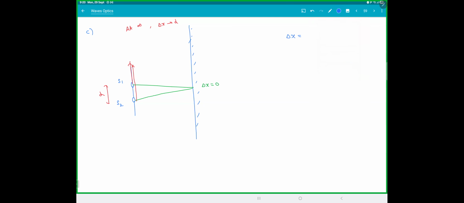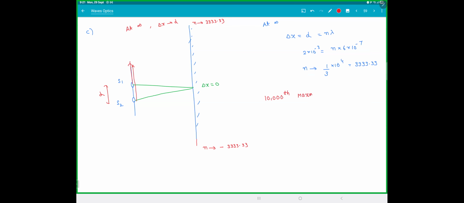So if delta x is equal to d at infinity, which is equal to n lambda, so this is 2 into 10 power minus 3, n into 6 into 10 power minus 7, we will get n tending to 1/3 of 10 power 4, 3333.333. That means here you'll get n tending to 3333.333. Here will be n tending to minus 3333.333. There are only 3333 maximas on the top and the bottom. 10,000th maxima does not exist.